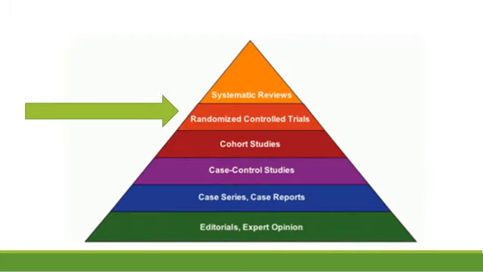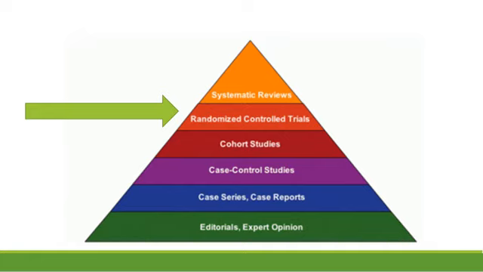Now, randomized controlled trials, when we look at the hierarchy of evidence, they're right up there at the top. Right below systematic reviews, again, primarily consisting of a review of all the randomized controlled trials on a topic. Sometimes they may include other designs, but again, typically they're all RCTs.